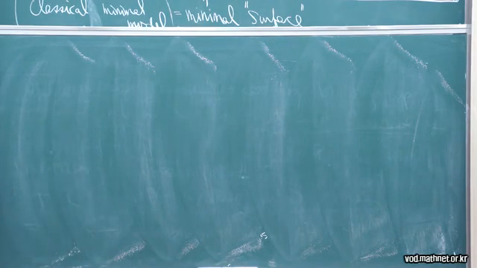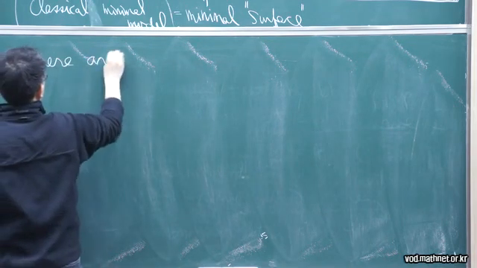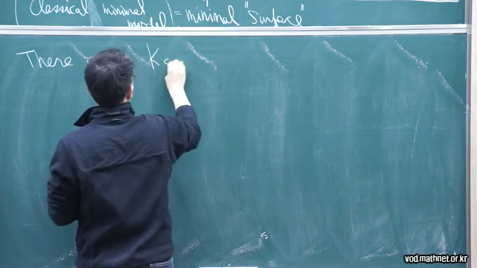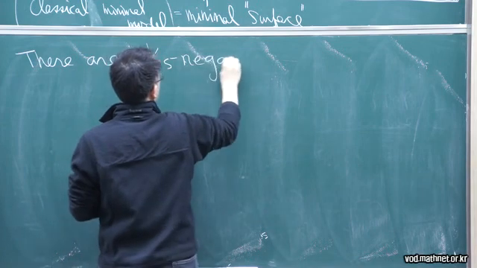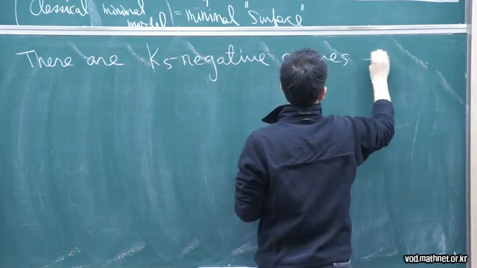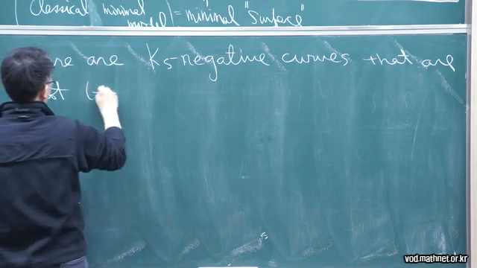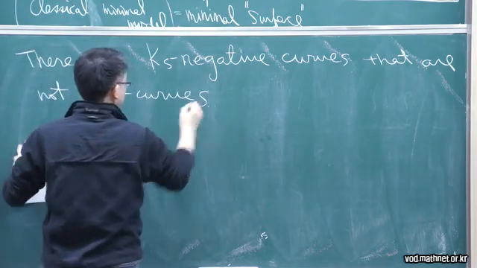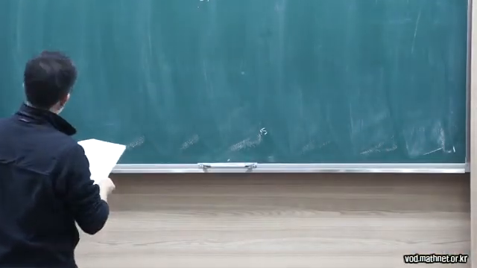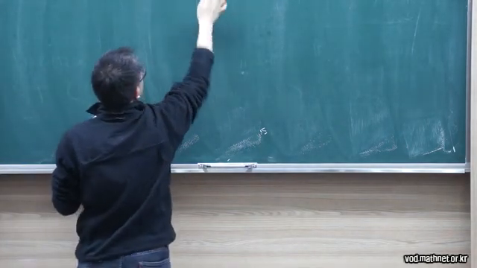So what does this tell you? This also says that there are K negative curves that are not -1 curves. So we want to somehow classify the K negative curves.